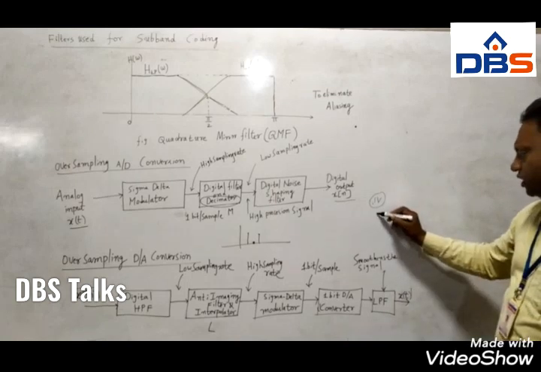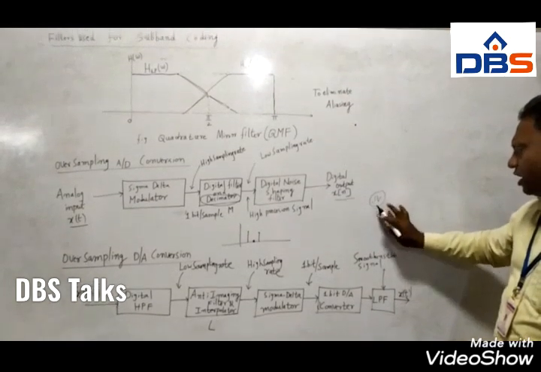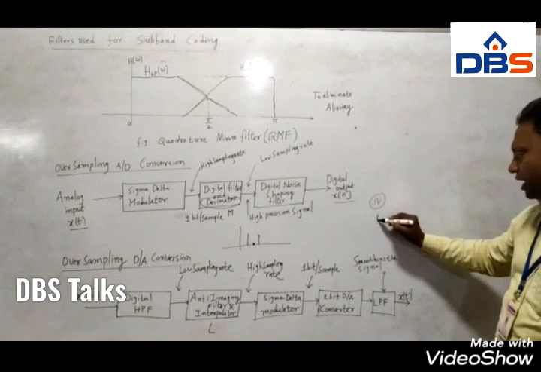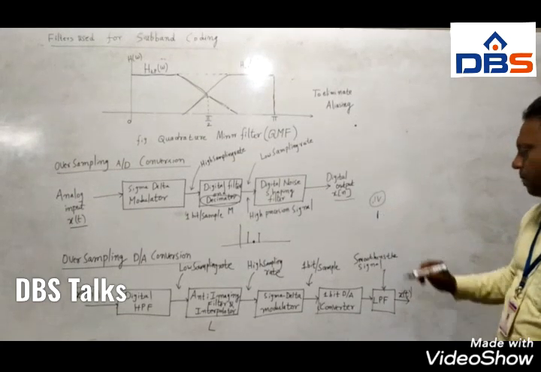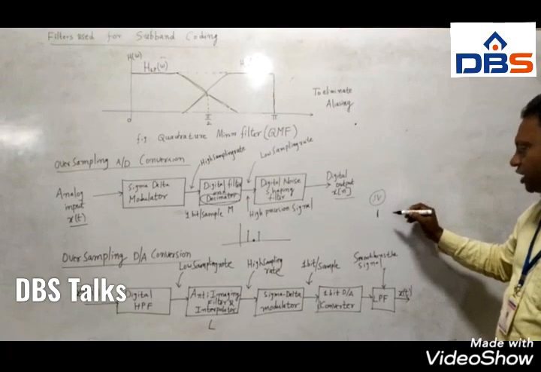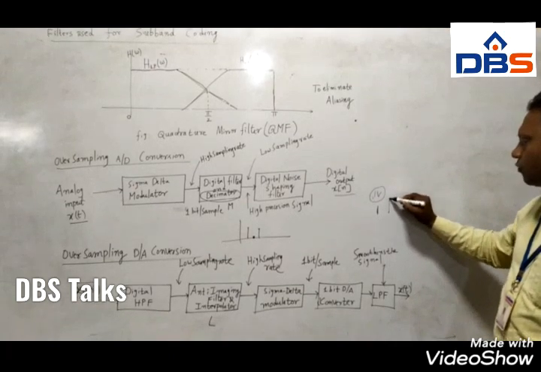So I have a bit 1. That bit 1 is converted into the equivalent sample of 1 volt.